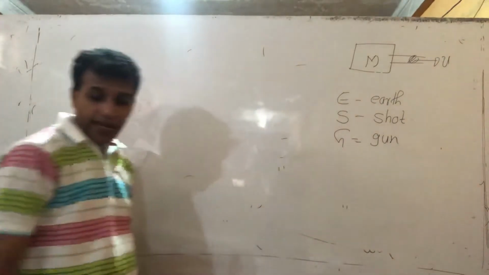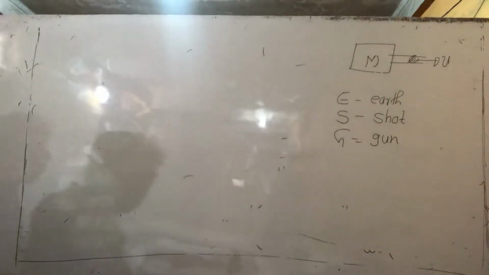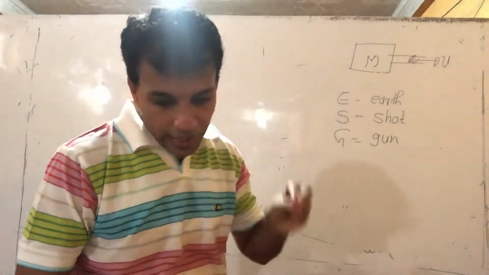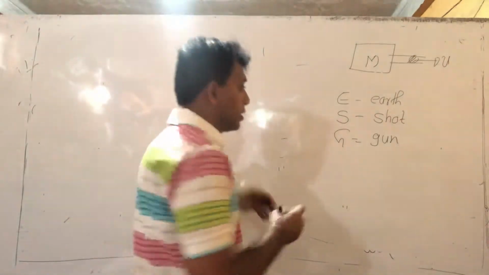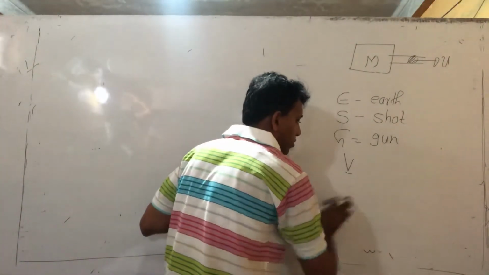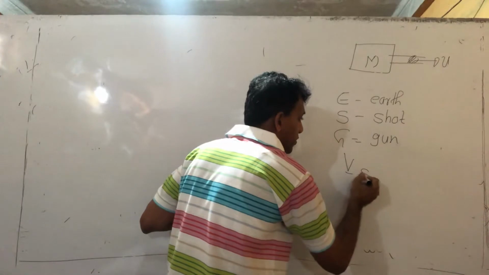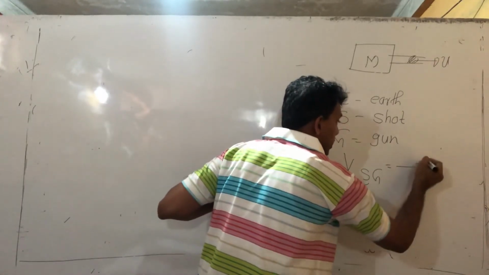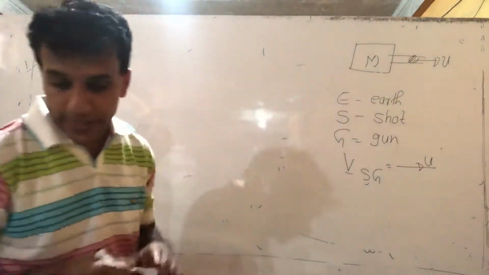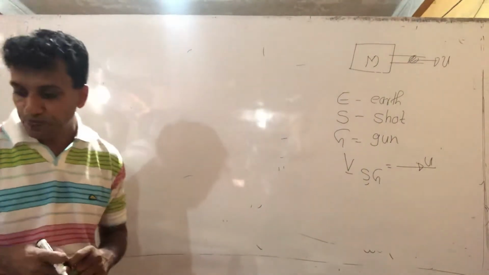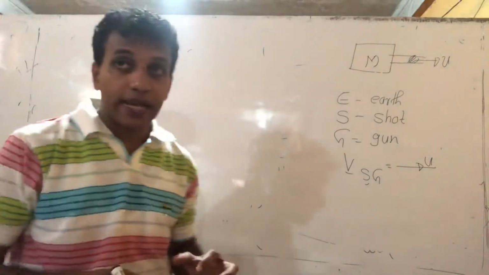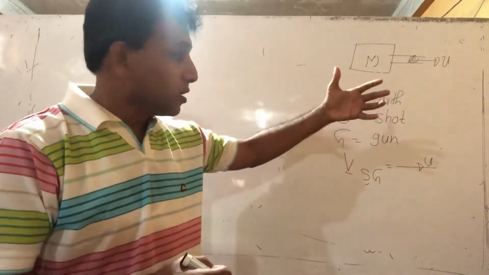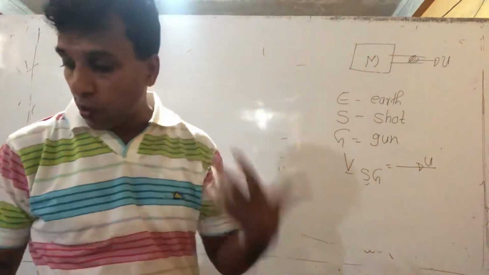Now I write the relative components. They say the shot is fired with small u relative to the gun. Therefore the velocity of the shot relative to the gun is u, that side, as given. And I said that at that instant after firing the shot, the gun goes backward with velocity v.